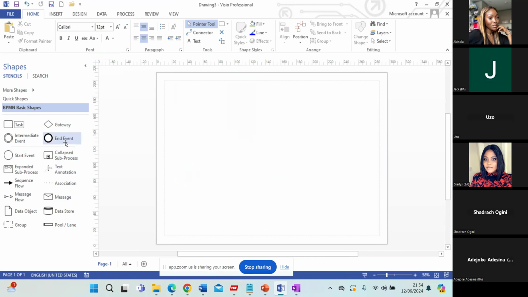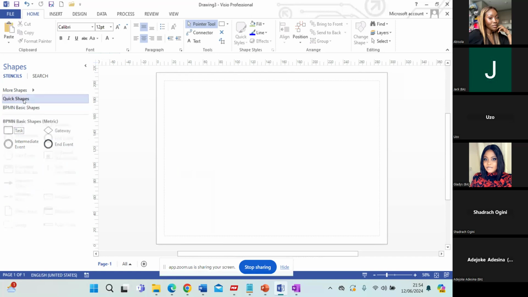You probably won't notice this, but in a BPMN diagram, the start is a circle rather than an oval shape. In a normal flowchart, the start and end buttons are oval. I'll show you, but these are circles. And then you have your gateway here, and all the different sequences.